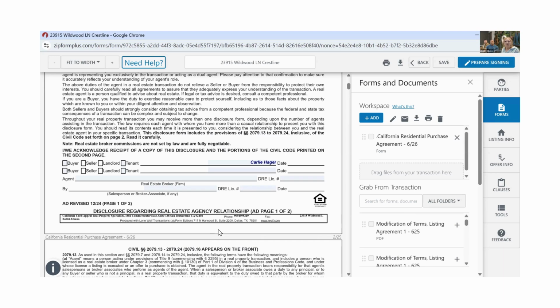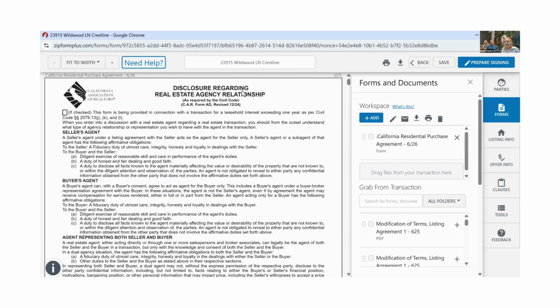All right, so the first form is the AD, the disclosure regarding real estate agency relationship. Now, if you remember your test and your real estate exam, this is one of the questions. When must you deliver the disclosure regarding your real estate agency relationship?